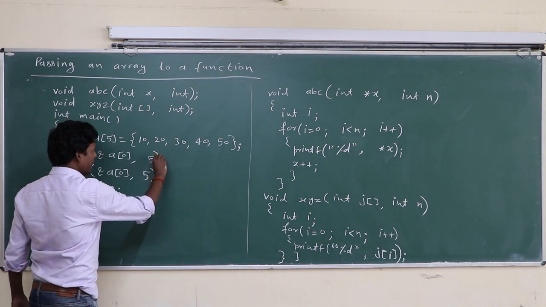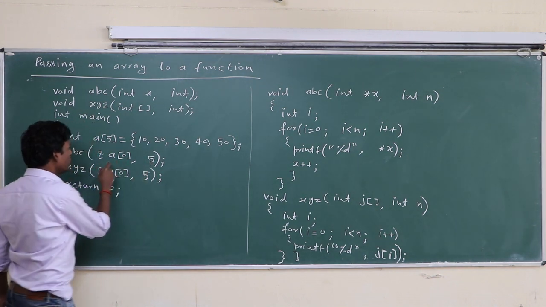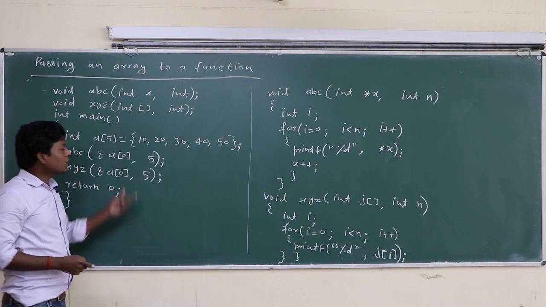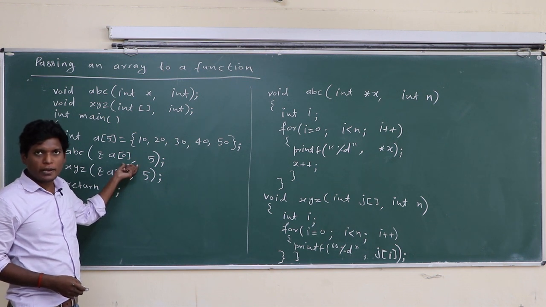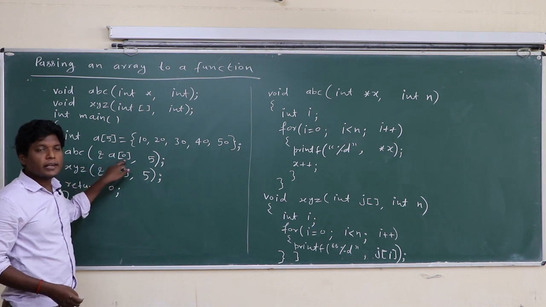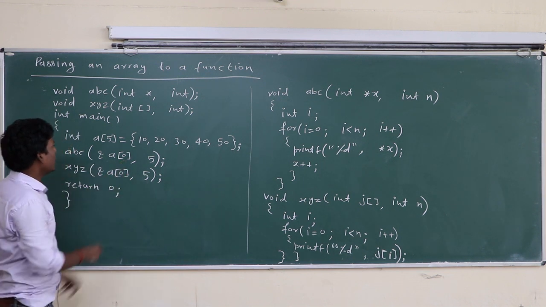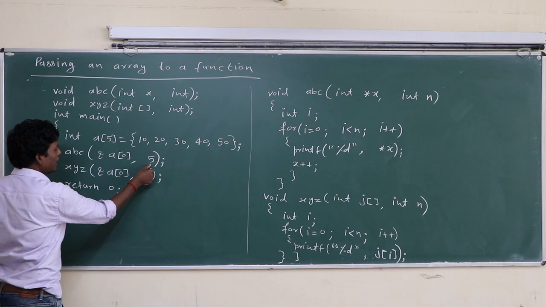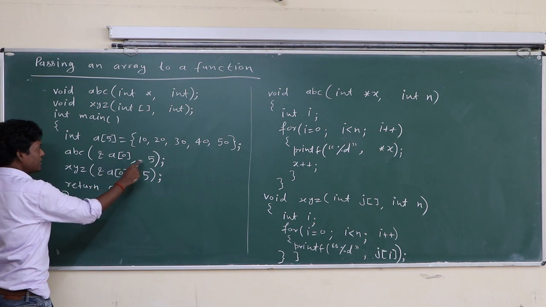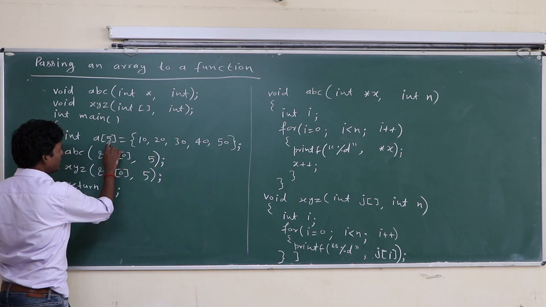So class, you can see here this is the address and this is the value. So we call here ABC function by supplying the address and value. So it is a mix of call by value and call by reference. Okay class, ampersand A of 0 gives the first block address, gives the base address of array A. So this is the address, this is the elements, and we call the ABC by supplying the base address of array and number of elements in this array.